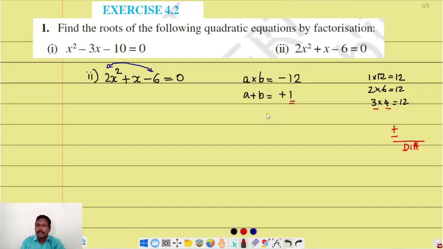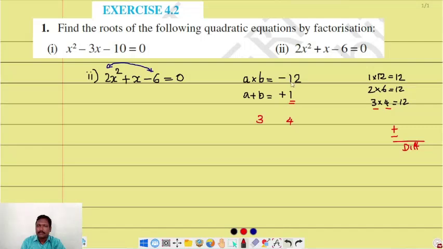So we can take the numbers as 3 and 4. Now we have to decide the positive and negative. We told the product is negative means one will be positive and one will be negative. So now we have to decide which one will be positive and which one will be negative.